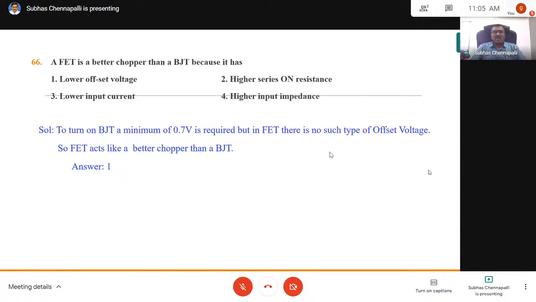For a chopper, you need some finite voltage at the input junction to switch it on in a BJT, but in the case of FET, it's not required. So FET is a better chopper than BJT. The reason is that it has low offset voltage, almost zero. In the case of BJT, it is 0.7. Okay?